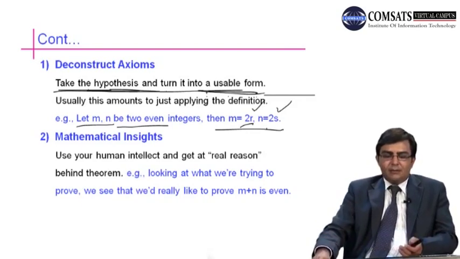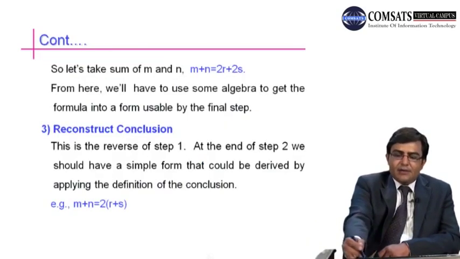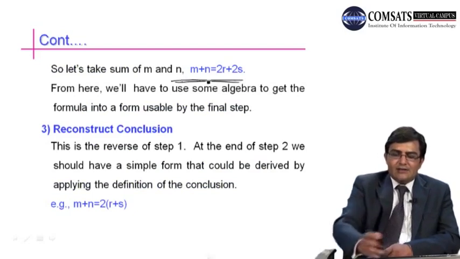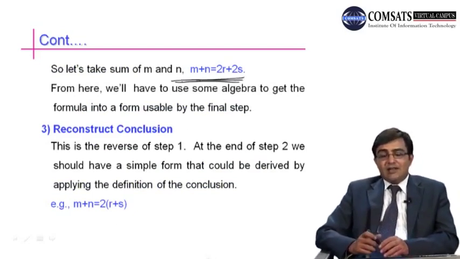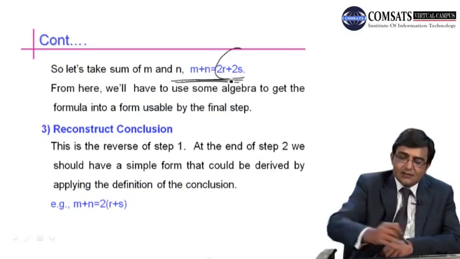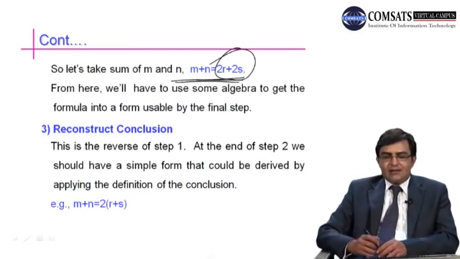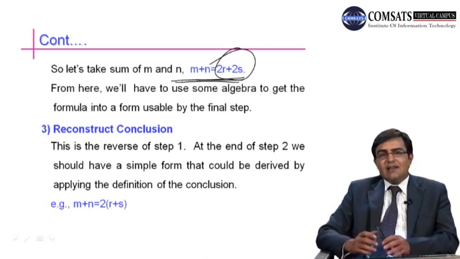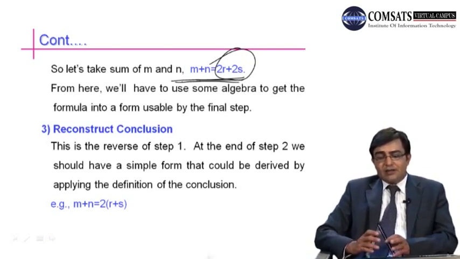If we add up m plus n, we can write m plus n as 2r plus 2s. Now we also think how we can prove that the resulting integer is also an even integer. The resulting integer is basically m plus n. So how can we prove it?